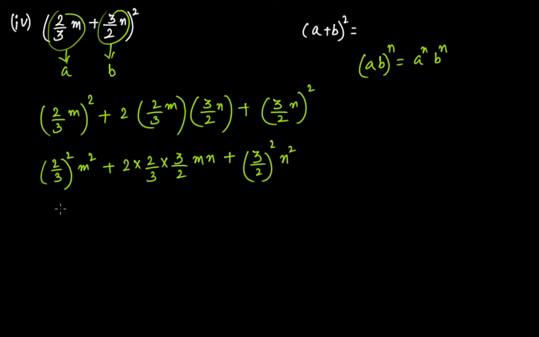From here you get 4 by 9 m squared plus, and now you have 6 by 3, sorry, again this can also be cancelled and now you have only 2mn plus 9 by 4 n squared.